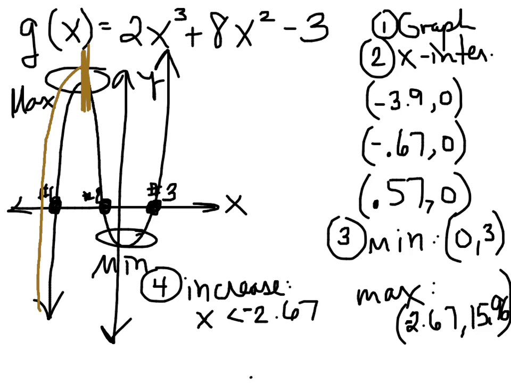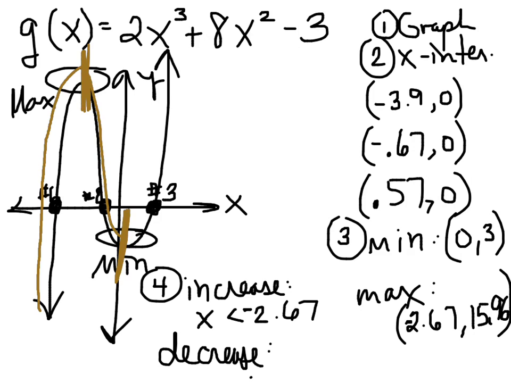Then, back to the roller coaster ride. What's happening now as I go down there? I'm decreasing, right? So now I go over to my decrease part. Where did I decrease from? From the top, which was at what x coordinate?